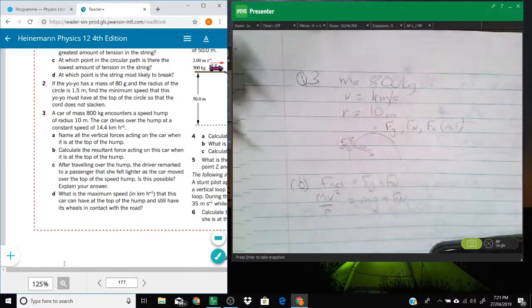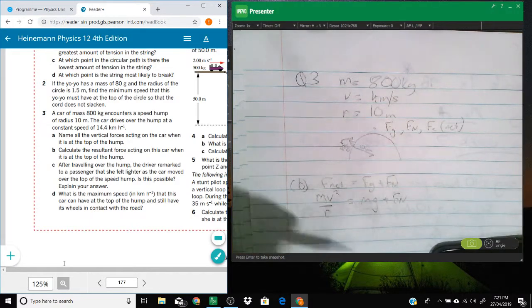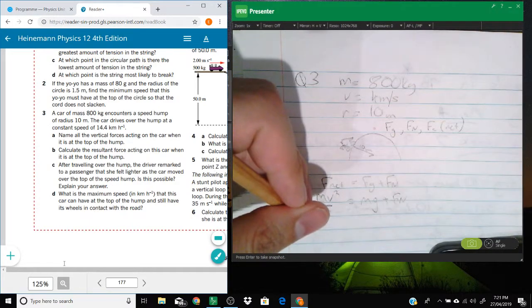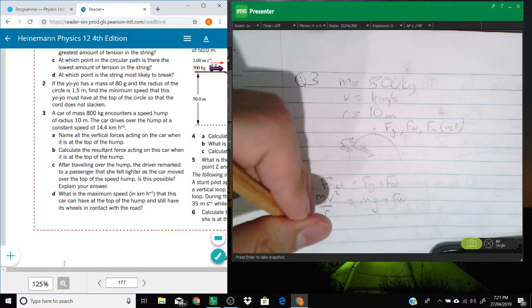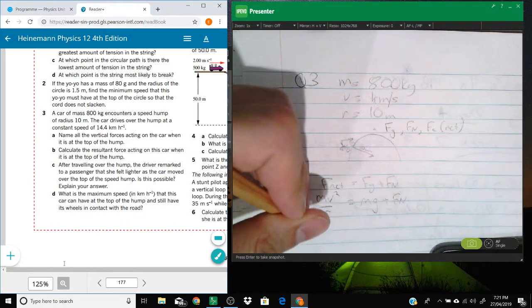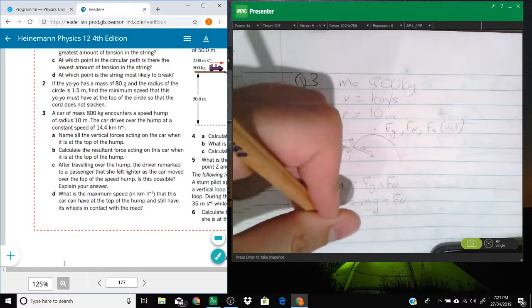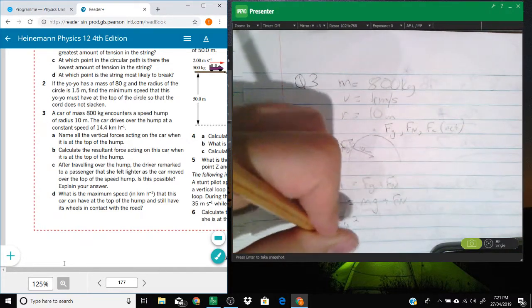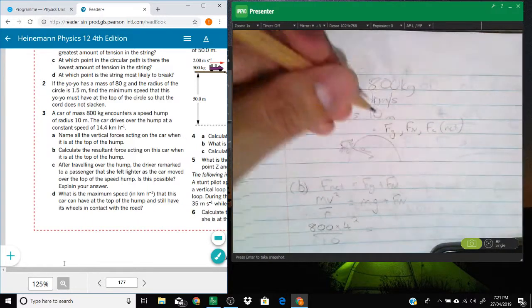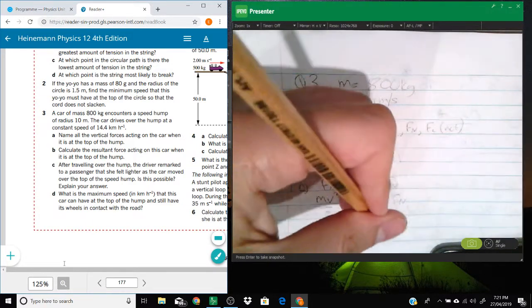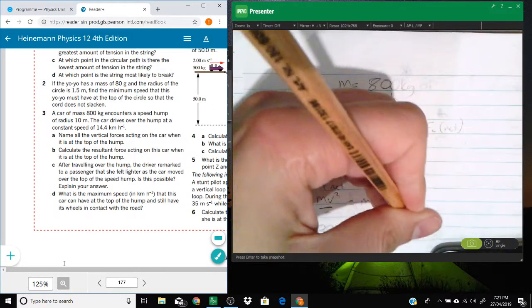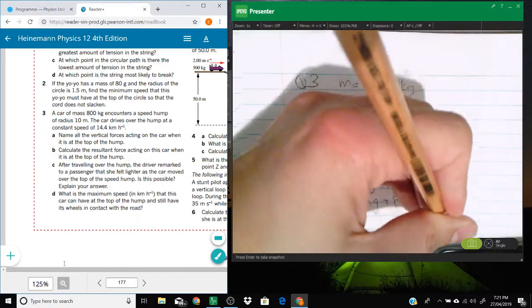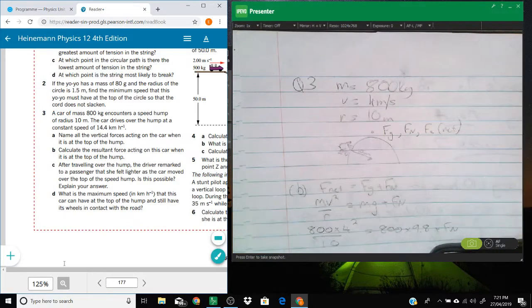You could work this out in one formula essentially just by moving that over. So 800 times 4 squared over 10 equals 800 times 9.8 plus Fn.